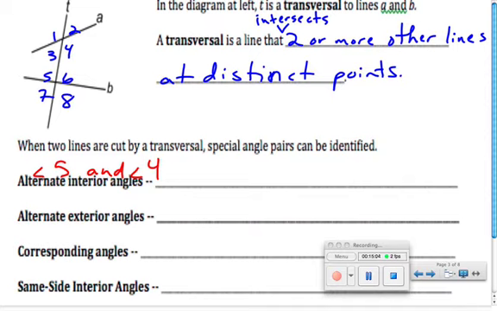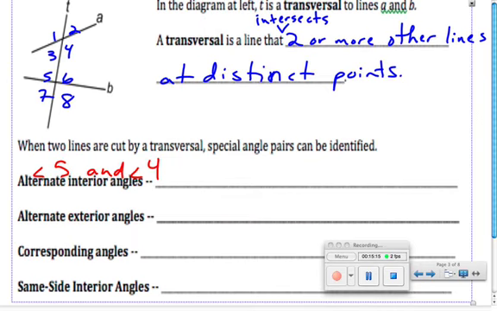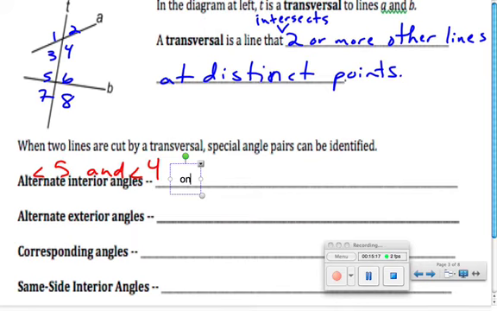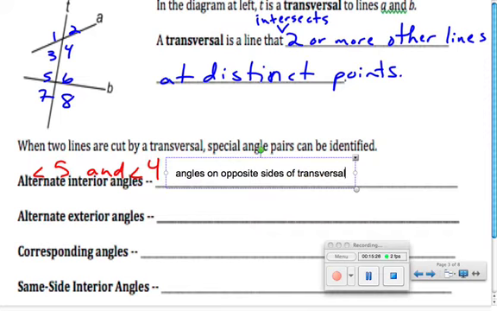Okay, so alternate interior angles are, as she said, angles, you know what? I'm going to type this just so that it fits. They're angles on opposite sides of the transversal inside of the two lines.